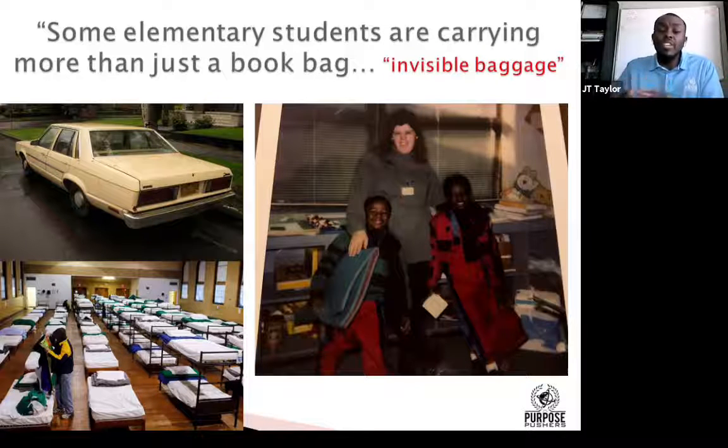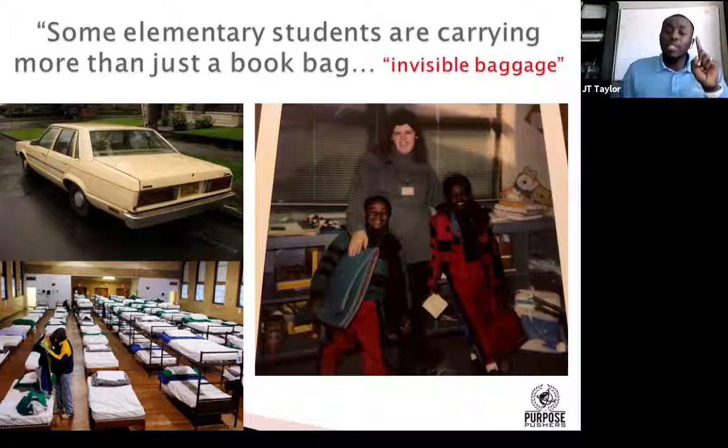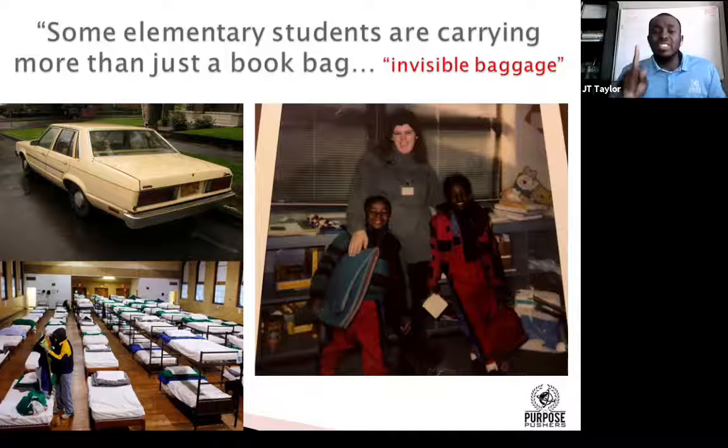And before we were living in the homeless shelter, we were living in a 1987 Ford Fairmont. I have a picture right here. We went from living in a car to living in a congested homeless shelter. But check this out. We went to school every single day, 180 days. My brother, who happened to be in the first grade, and I, in kindergarten, were present in school every day carrying invisible baggage.